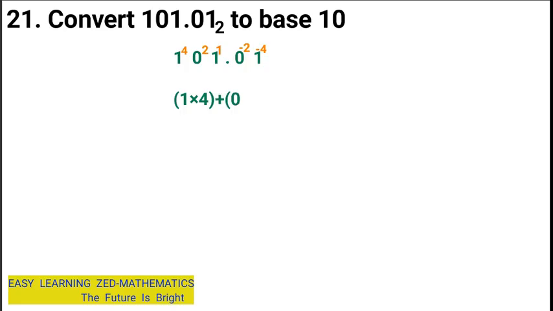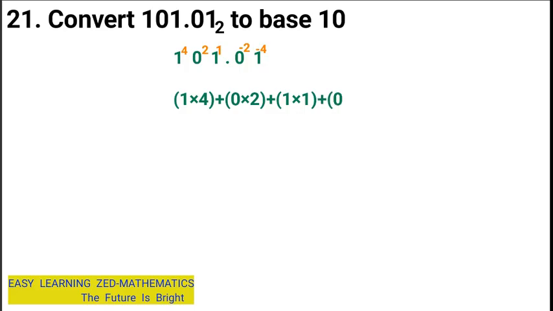Okay, so I'm getting the place values from those numbers on top in yellow. Now I come to this number. I'm not going to put the decimal point; I'll ignore the decimal point. So I come to 0. With the 0, I'm going to write plus.